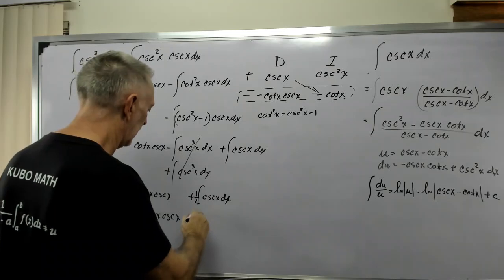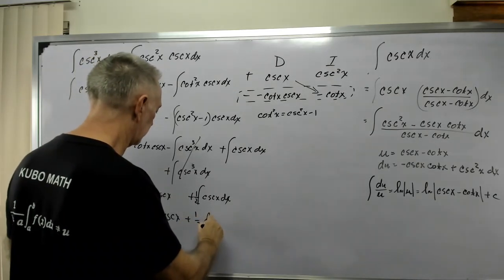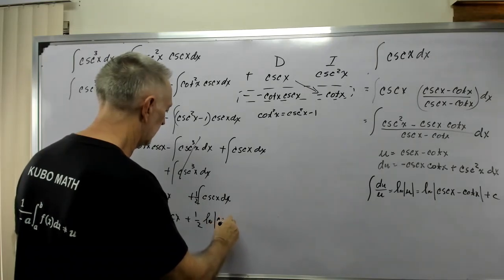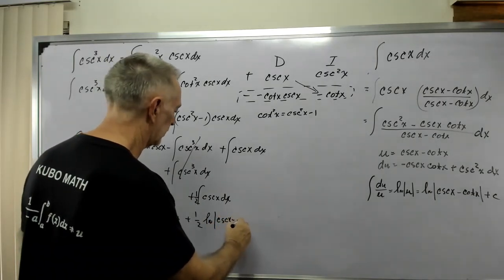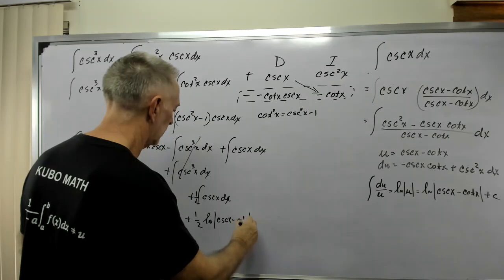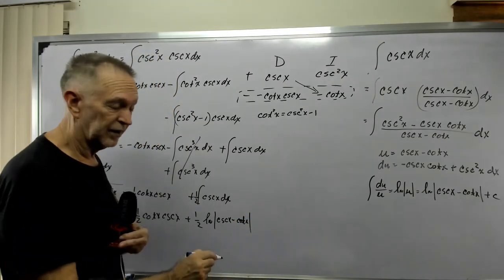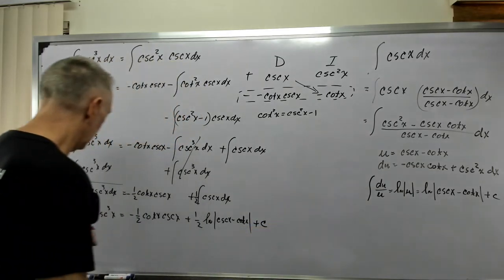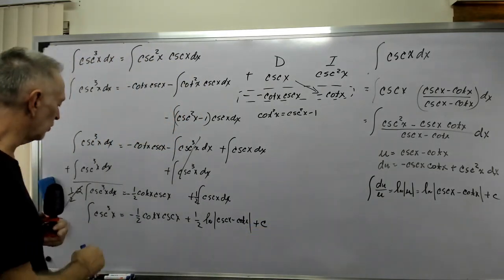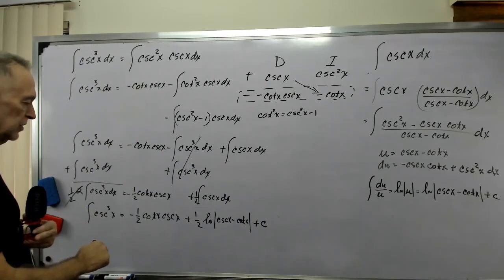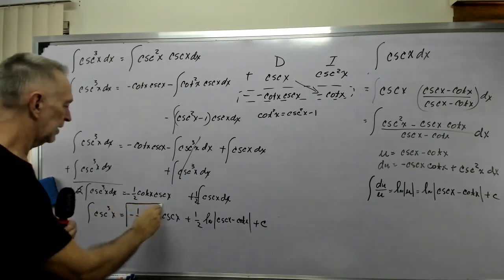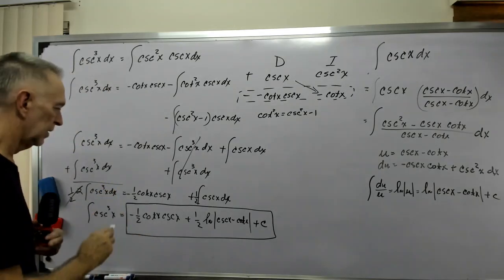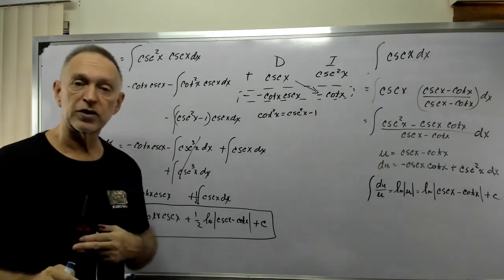So it's 1/2 times the natural log of cosecant x minus cotangent x plus C that I left off in my last video, minus 5 for me. Okay, so that's the integral of cosecant cubed x. That comes out to be this guy right here. Alright, that's the integral of cosecant cubed x.